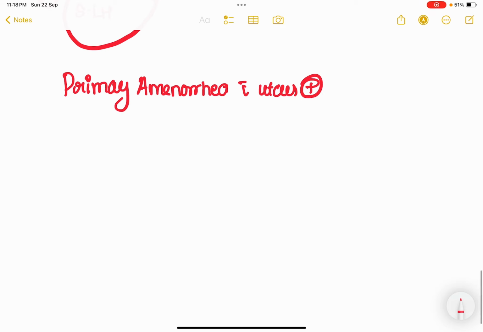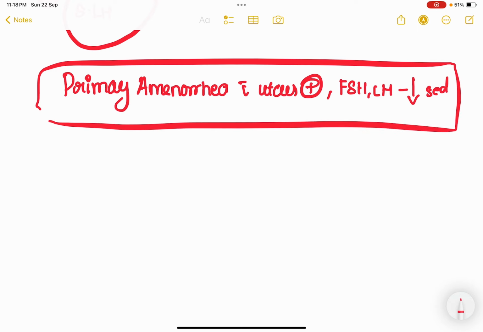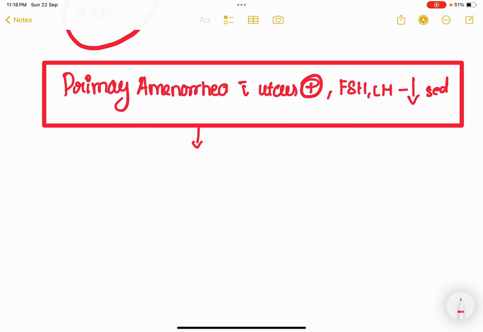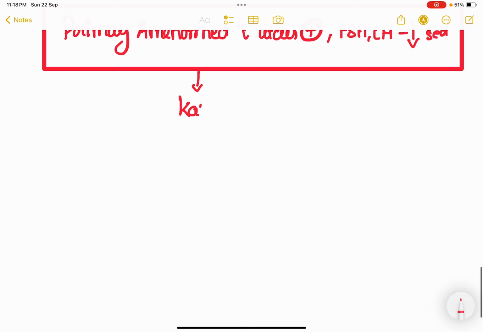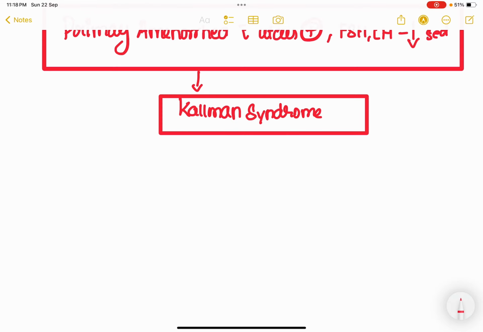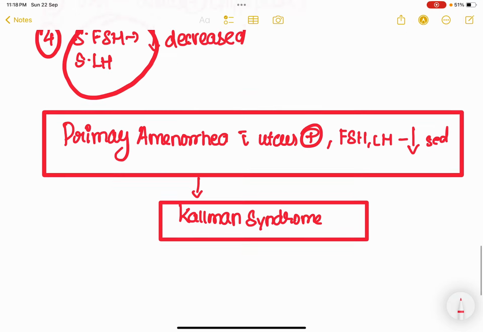So please keep in mind that any patient complaining of primary amenorrhea with uterus present, irrespective of whether it is well developed or hypoplastic, and serum FSH and LH levels decreased, then it is a case of Kallman syndrome, hypothalamic failure. Is that clear? Okay. So this is all about Kallman syndrome.